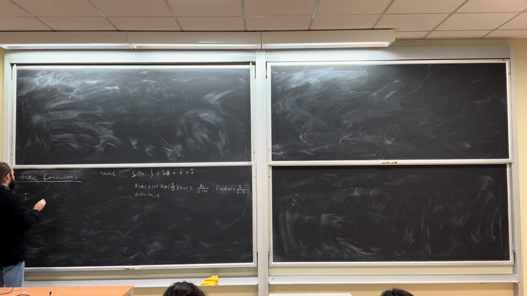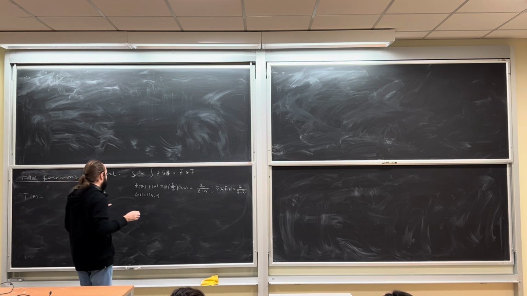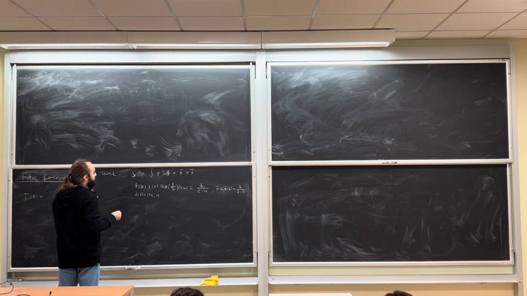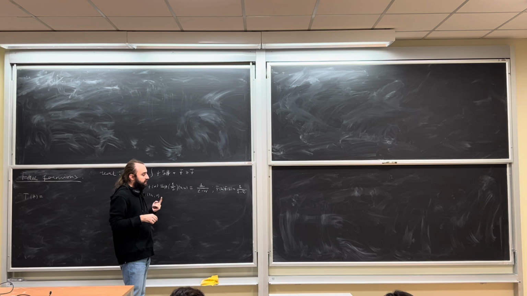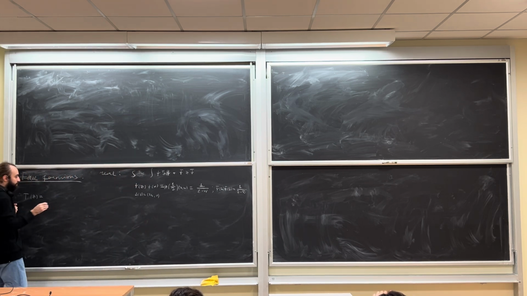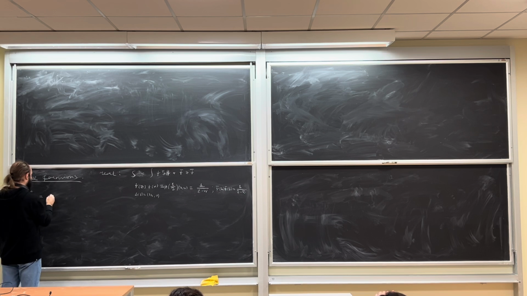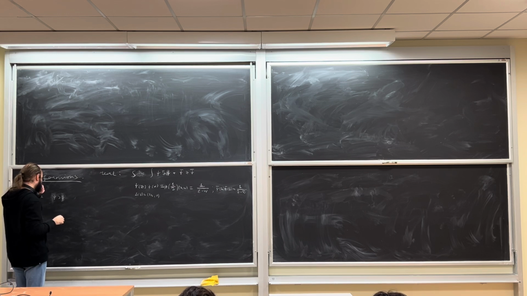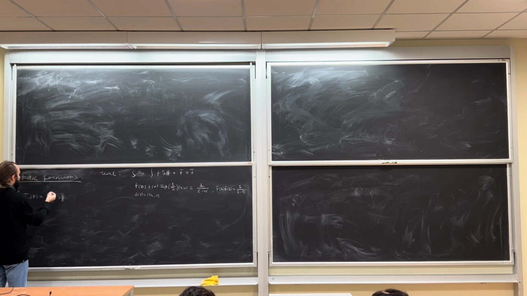So let us say that T of z is, so what can we write of dimension 2? First, it should be quadratic in psi, and it should have dimension 2. So the only option is actually psi d psi, normally ordered, with some coefficient.